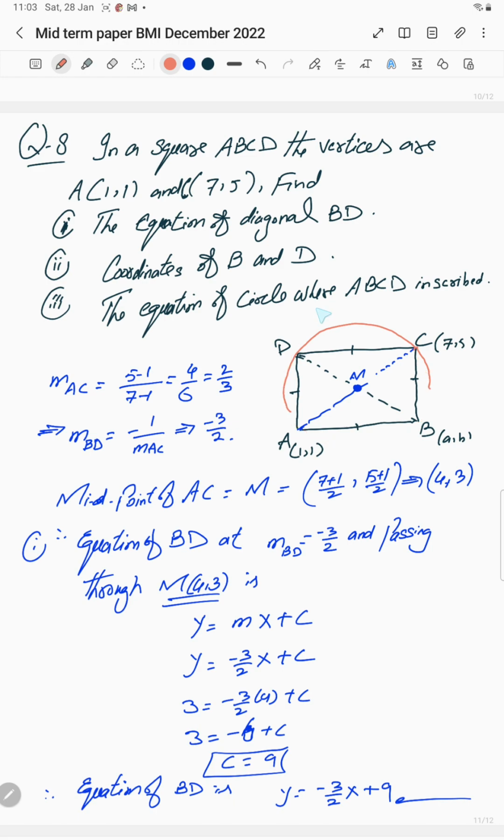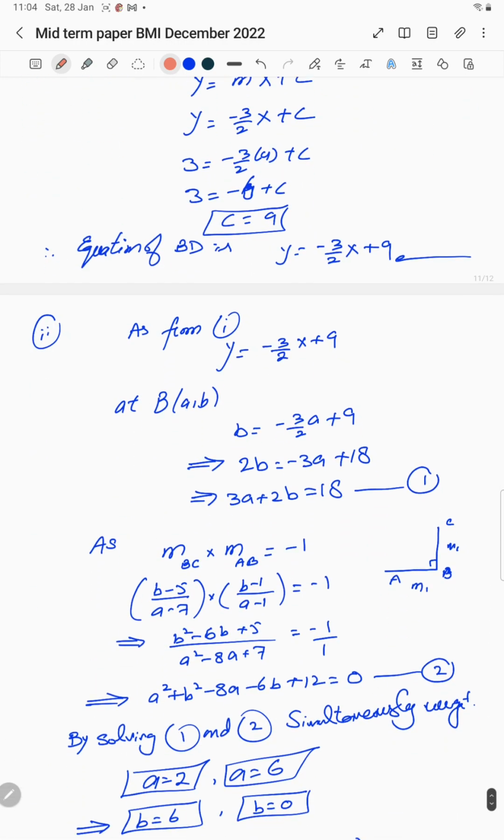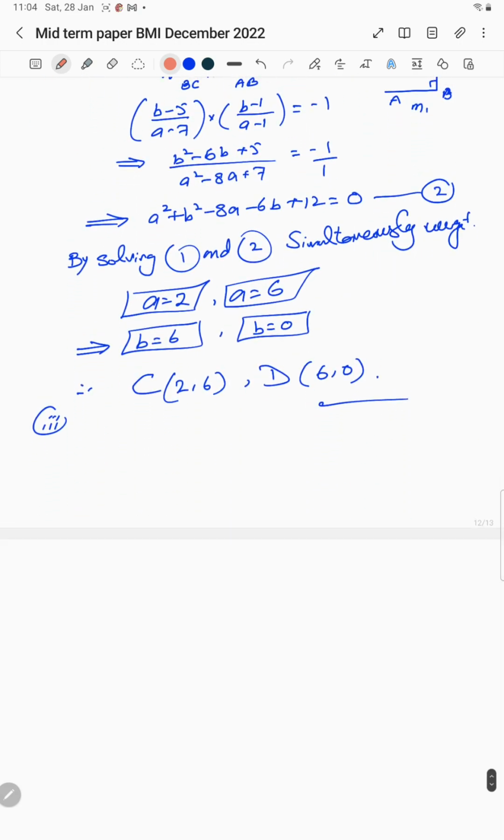Let me erase the final thing. Now we are going to find the equation of the circle where ABCD is inscribed. The ABCD square is inscribed inside it. Now we have all the coordinates with us.